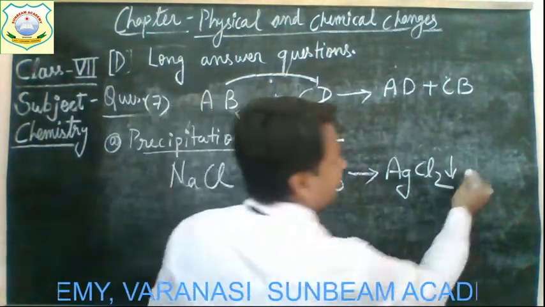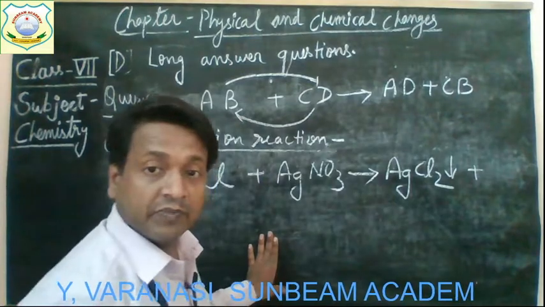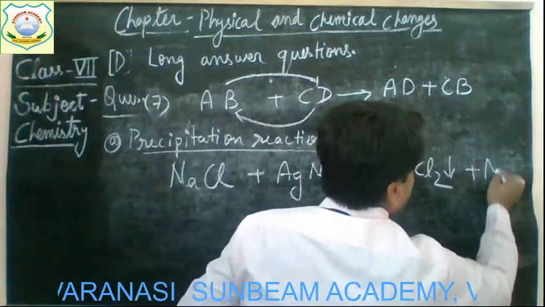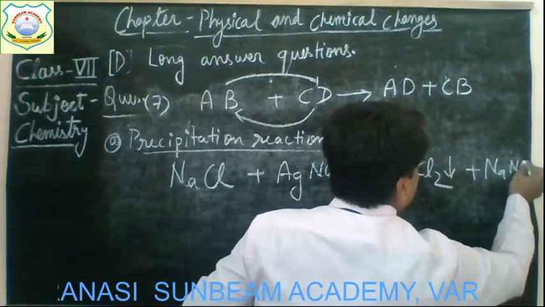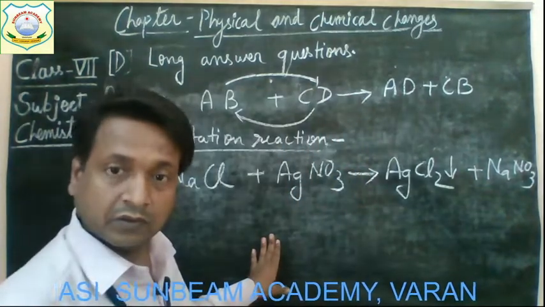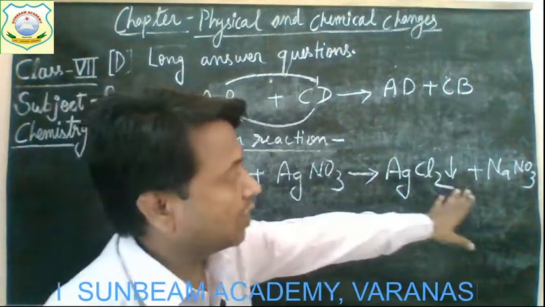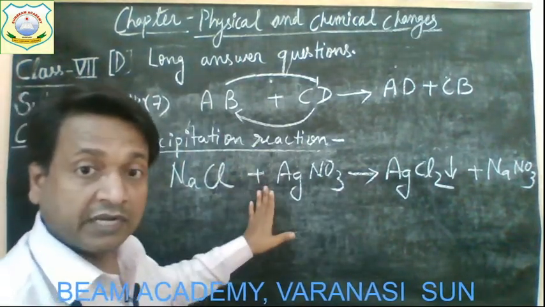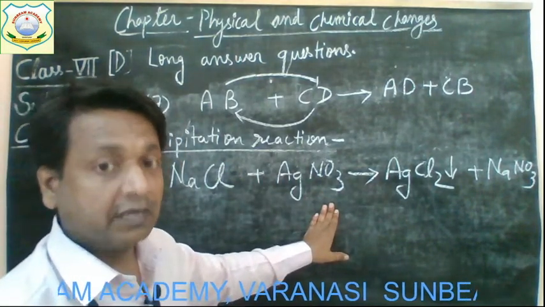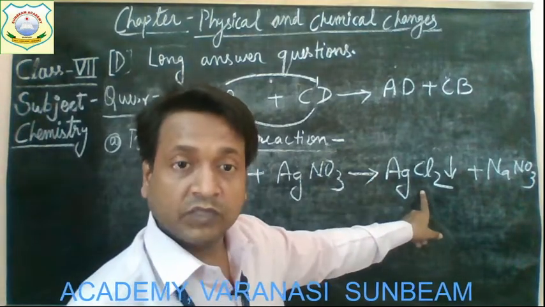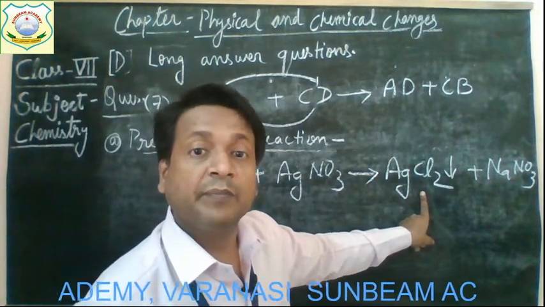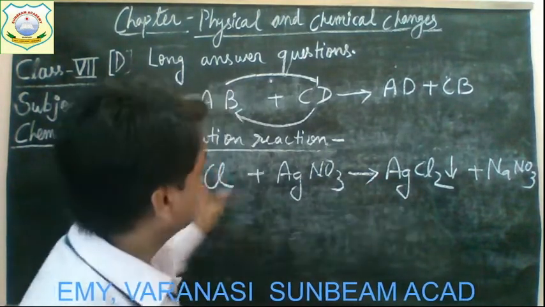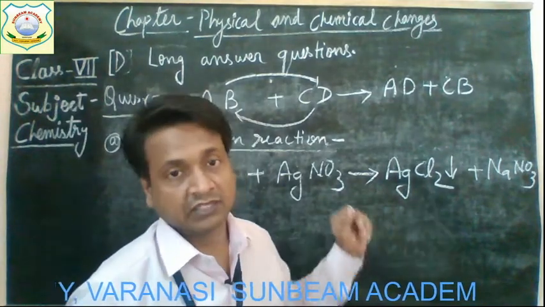And the second compound is sodium nitrate. Alright, children. So these two compounds will form in this precipitation reaction. So the double displacement reaction is going to occur here, but one of them is formed as a precipitate. So we can say that it is a precipitation reaction.